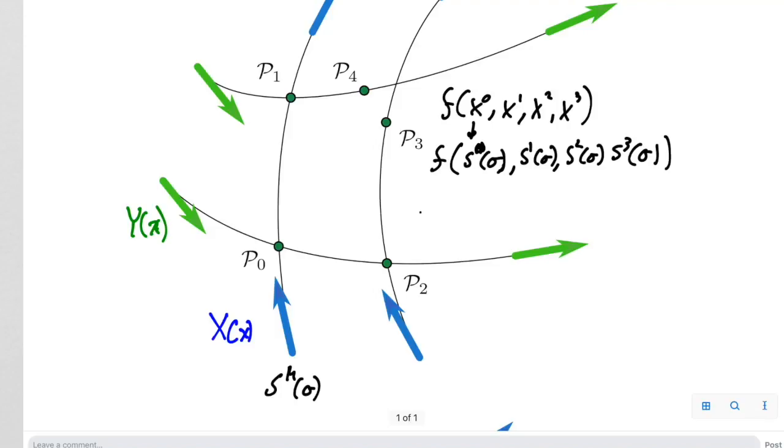And so now what we've done is we've inserted in each of these coordinate slots just the coordinate of the curve at a point sigma. So this is still a point in spacetime for a particular value of sigma, and we get the 0, 1, 2, 3 coordinates.